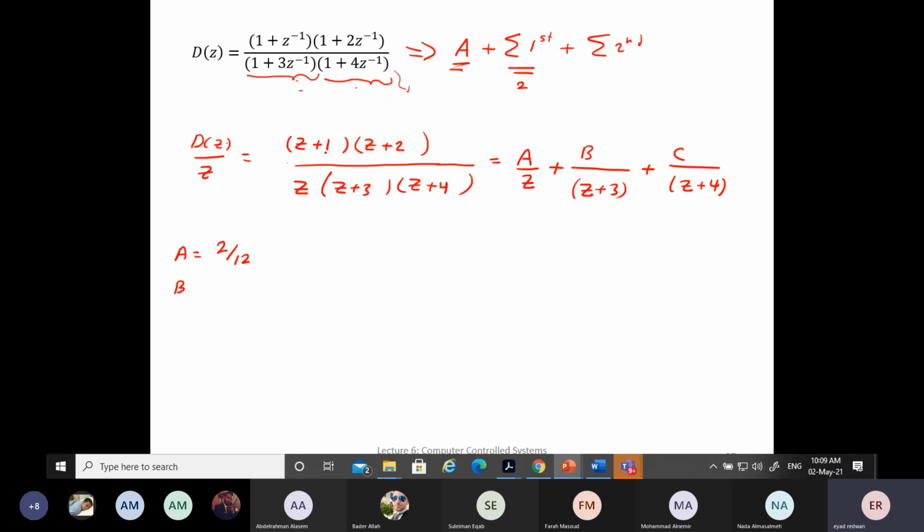So minus 3 plus 1 is minus 2, times minus 3 plus 2, which is minus 1, so it is 2 over minus 3, and minus 3 plus 4 is 1, times minus 3, so it's going to be minus 3 here.